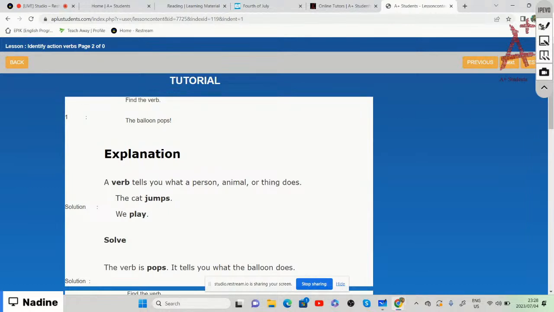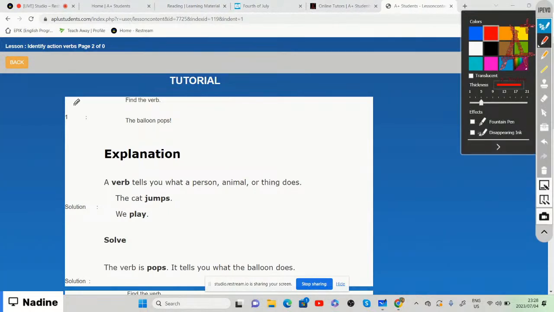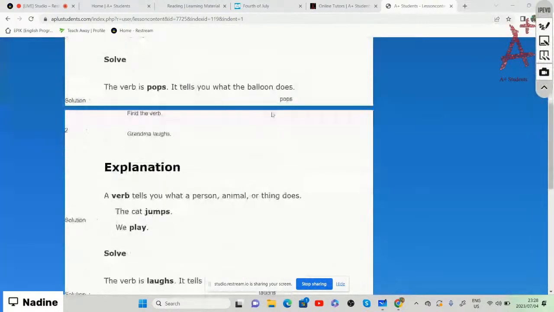All right, so we must choose the correct verb within that sentence. Then pops is the verb. It tells us what the balloon does. So the balloon pops, so pops is the verb.